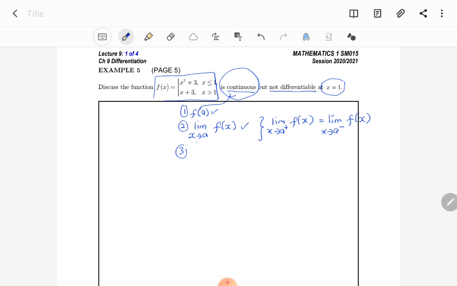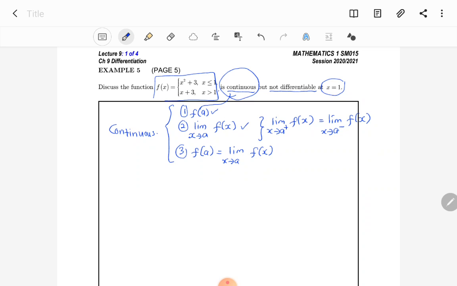And third, we compare the first and second conditions: f(a) equals the limit as x approaches a. These are the conditions that need to be satisfied so that your function is continuous.